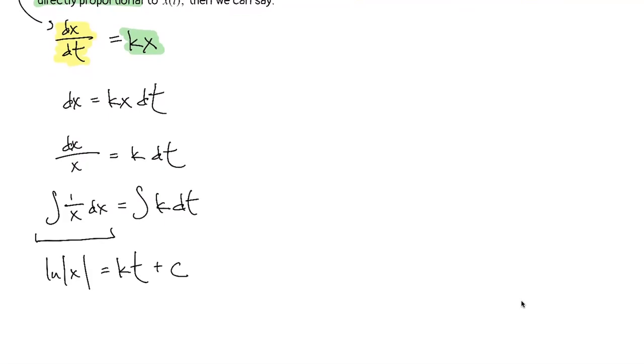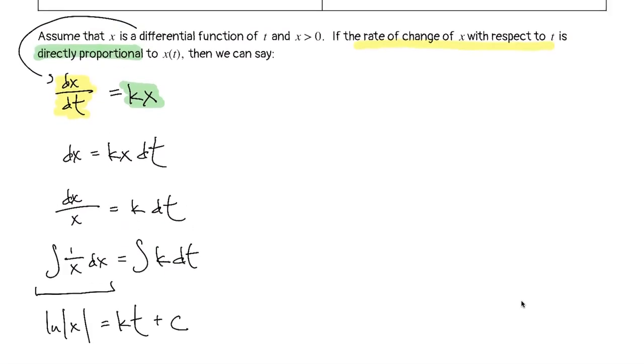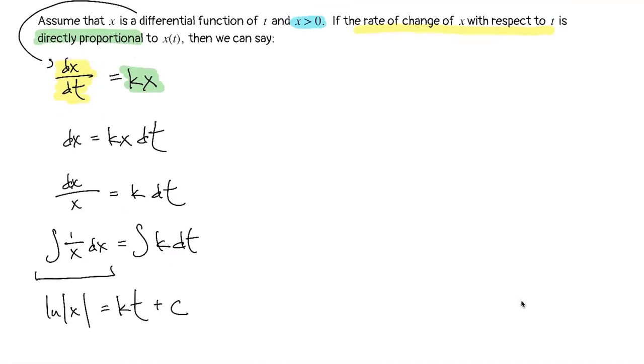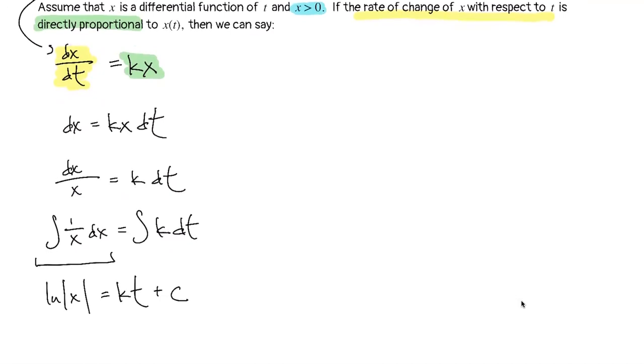Now, let's for a moment look back at the top. There's one phrase that I didn't highlight and that we didn't talk about, and that is this: x is greater than 0. So if we initially state that x is greater than 0, what that means is I don't really need these absolute value bars for my x, because I already know I'm only going to have positive values of x.